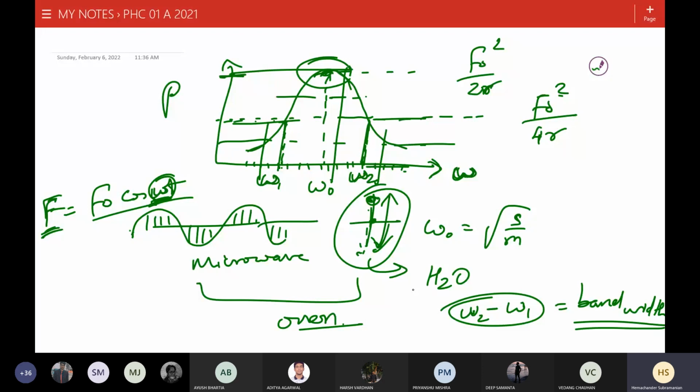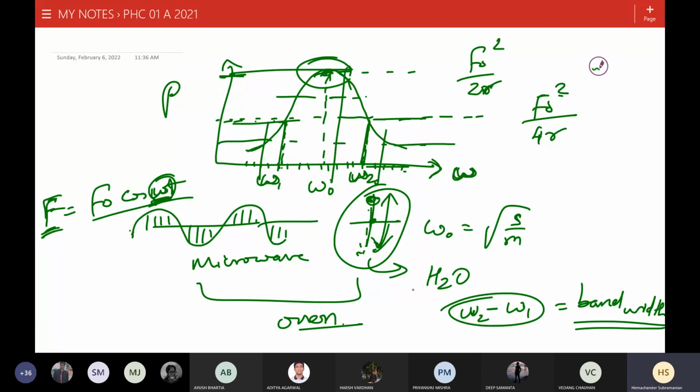In a microwave oven, again, you want a reasonably sharp resonance, not a broad one. If you have a broad resonance, the electrons in other molecules start vibrating as well, and you don't want to burn the food. You want to just heat the food through water. So it's good to reduce the bandwidth.